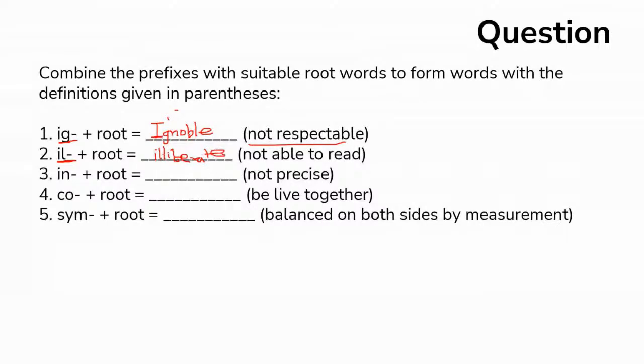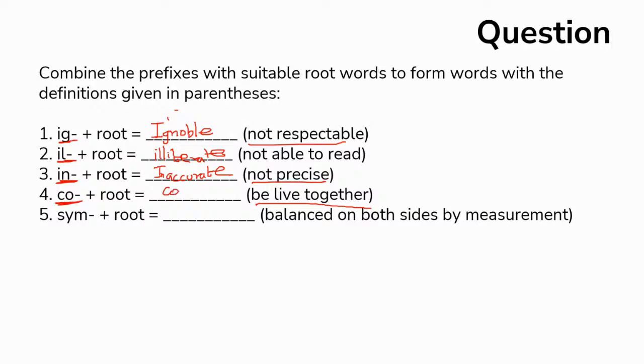And the third prefix is in, and the word's meaning should be like not precise. So we can use a word like inaccurate. So next is co as the prefix, and the meaning of the word should be to live together.